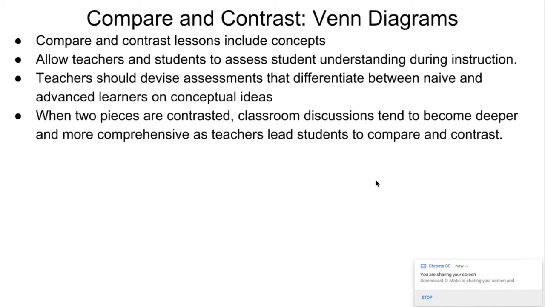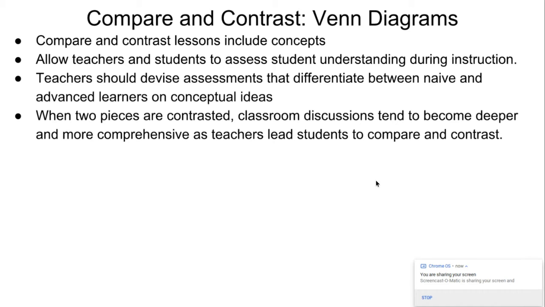Next, compare and contrast Venn diagrams. So if you guessed compare and contrast with that last question, you are correct. Compare and contrast lessons include concepts. They allow teachers and students to assess student understanding during the instruction. Teachers should devise assessments that differentiate between naive and advanced learners on conceptual ideas.